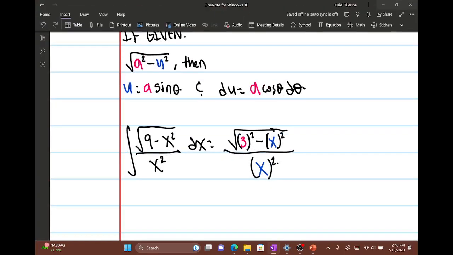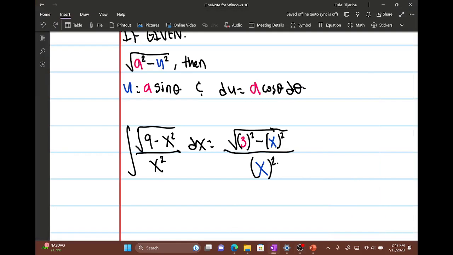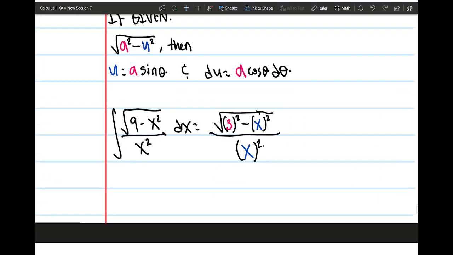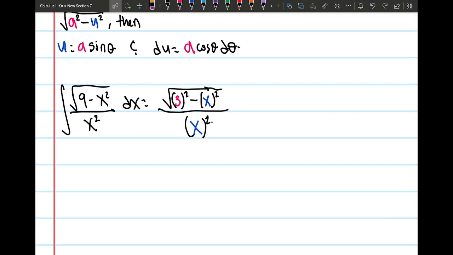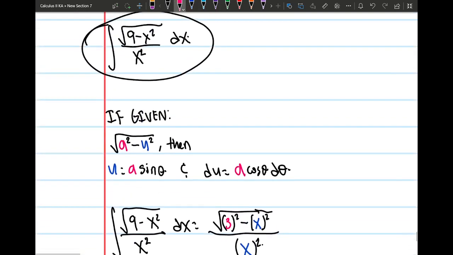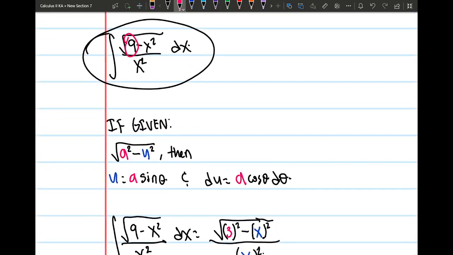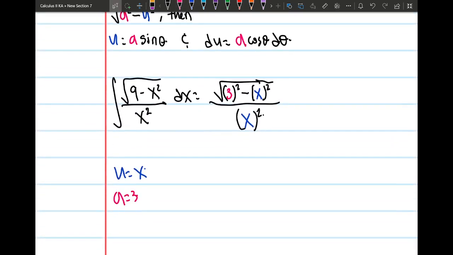Let me make sure it's recording well. Okay. So now we have something like this, and like I said, u is x, so I know that u is equal to x, and I know that a is equal to 3, because a squared was 9, so a is 3, and x is equal to u.